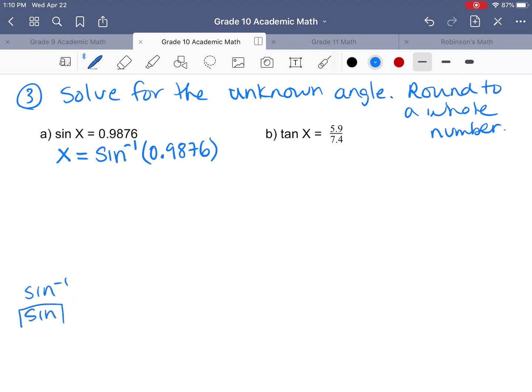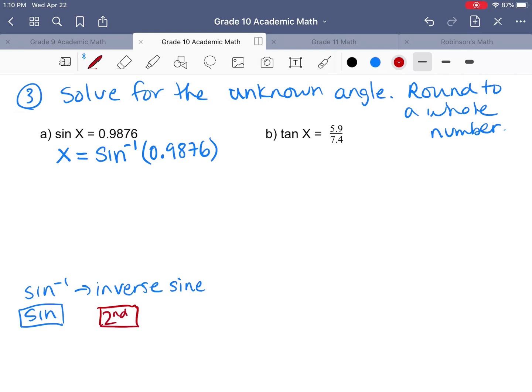So on your calculator, it is likely a second function. So we call this inverse sine, and you would call it also like inverse tan or inverse cos. And on your calculator, you probably need to use a second function button.